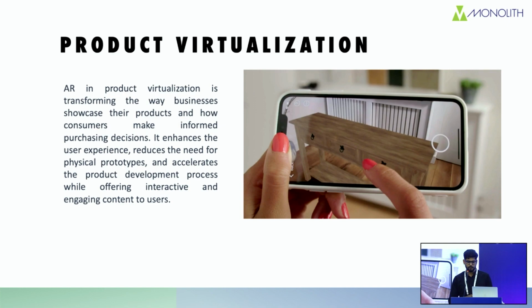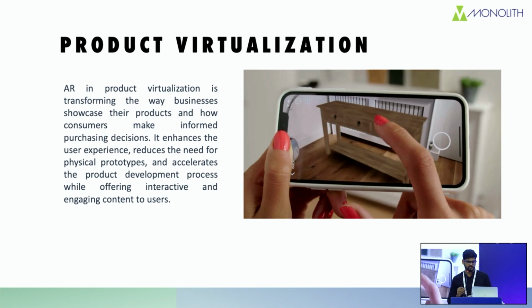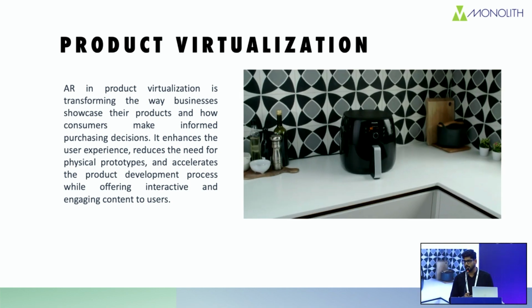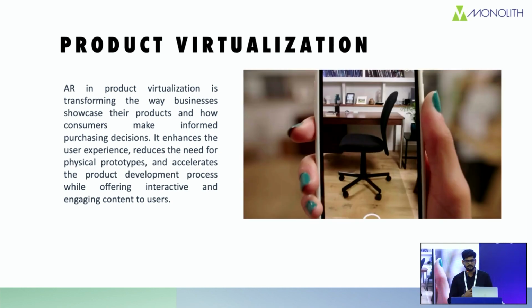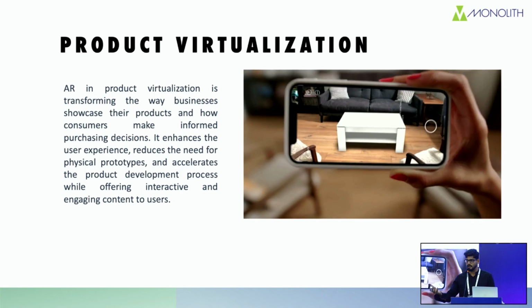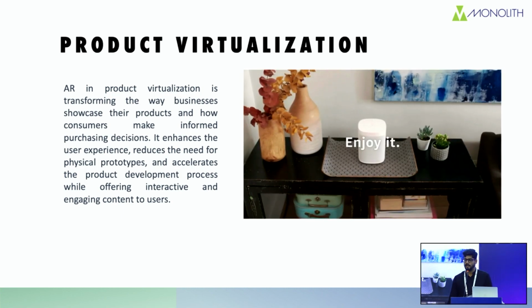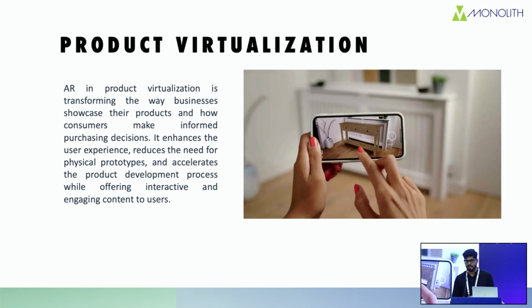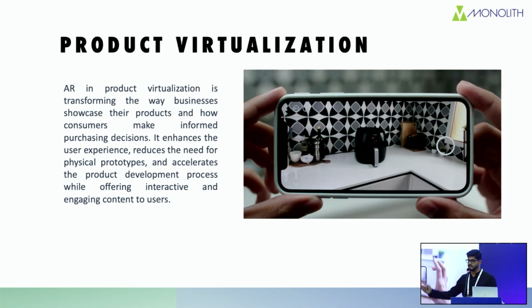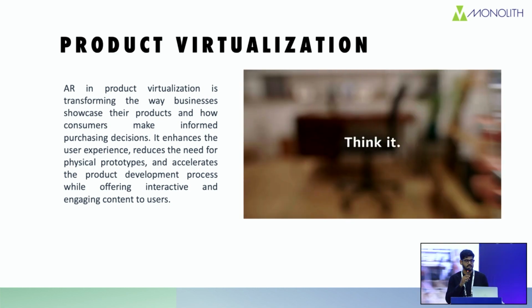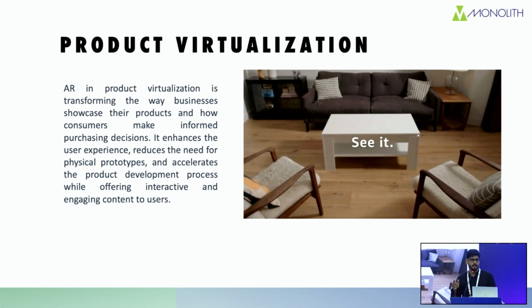Next is product visualization. Product visualization is similar to the try-on for dresses or the handbags I showed. It is for a physical product you buy, may it be a table or a TV. Now when you buy a TV on Amazon, you can try it in AR and fix it on your wall and check how much space that particular TV occupies.